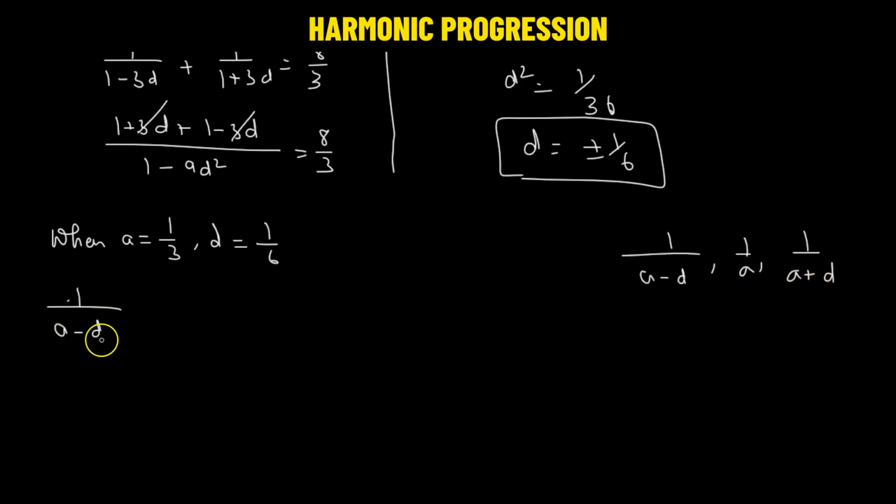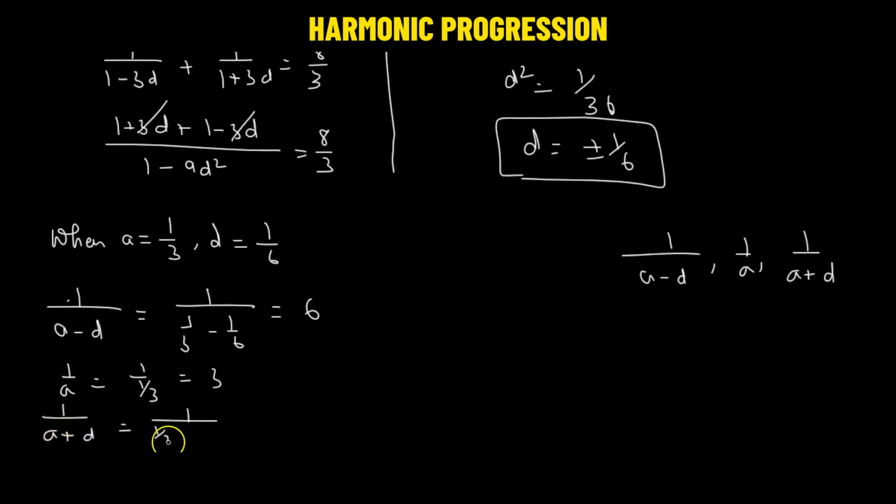So 1 over a minus d equals 1 divided by 1/3 minus 1/6, which equals 6. Then 1 over a is simply 1 over 1/3, so this is going to be equal to 3. Then 1 over a plus d is 1 divided by 1/3 added to 1/6, so this is going to be equal to 2. So when a is 1/3 and d equals 1/6, this gives us three numbers, 6, 3, 2. These three numbers are in harmonic progression.